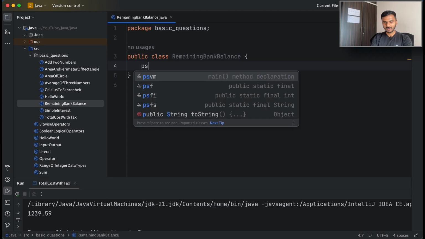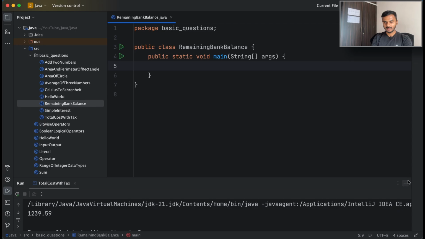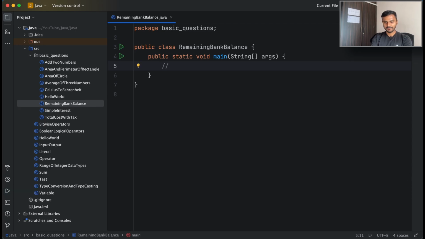And over here, we'll have a public static void main. The problem is to find the remaining balance, right? Which is equal to the initial balance. Then from the initial balance, we will withdraw some amount, which will be the withdrawal amount.